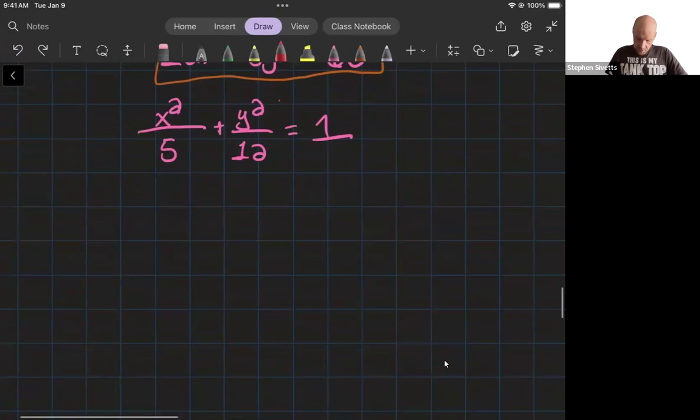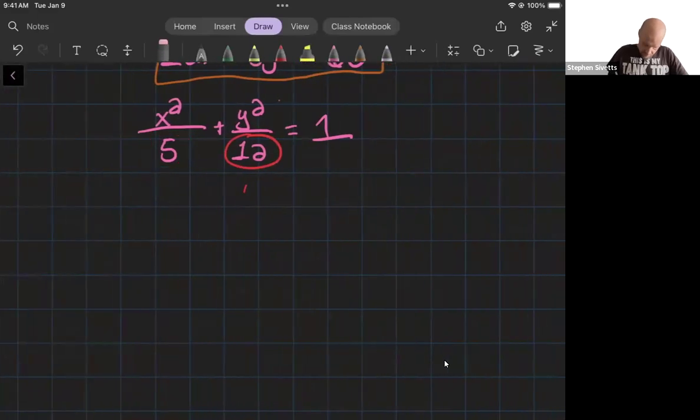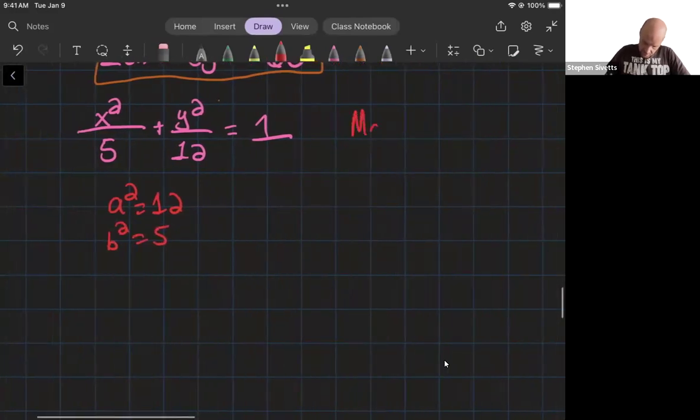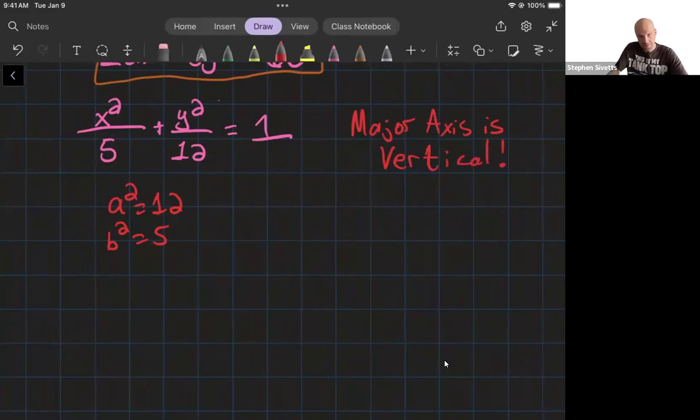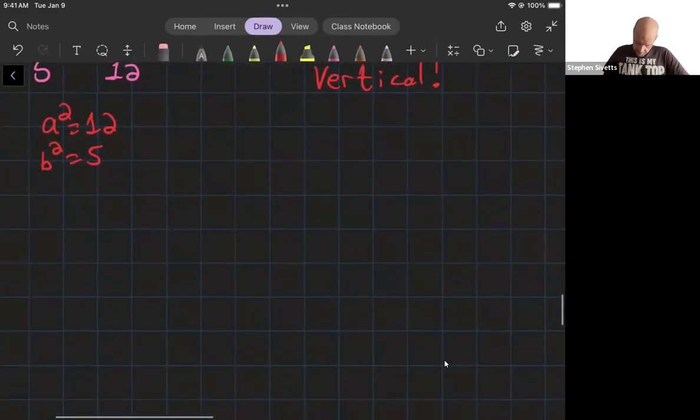So now we know that since 12 is bigger than 5, 12 is going to be a squared. So a squared is 12, and b squared is equal to 5. And that means the major axis is vertical.